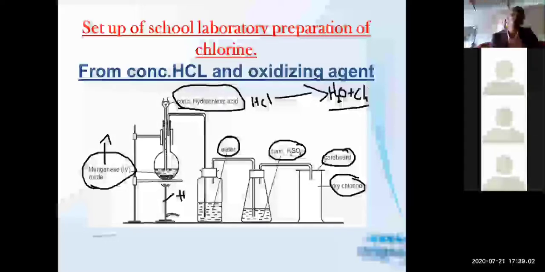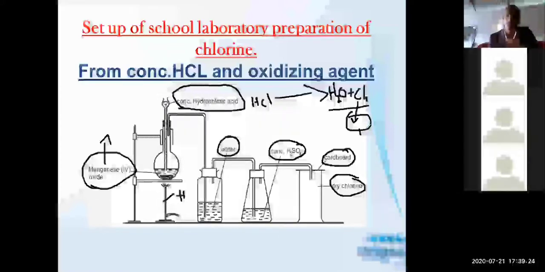And also it falls under the chemical family known as the halogens in the periodic table. That is group 7, which is known as the halogens.